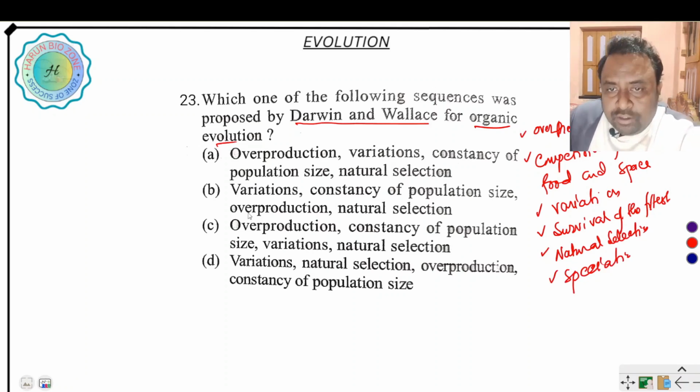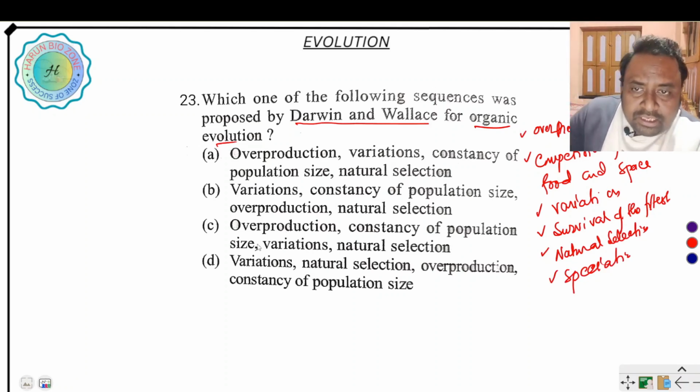So here, overproduction, constancy of population size, variation, natural selection is the correct option.